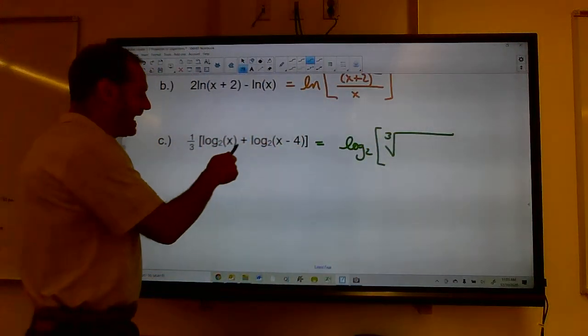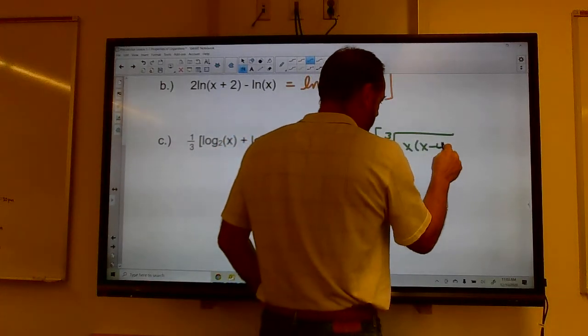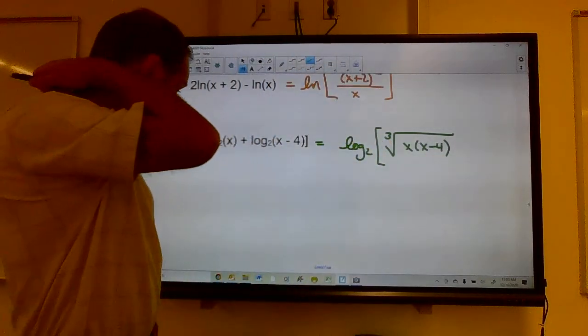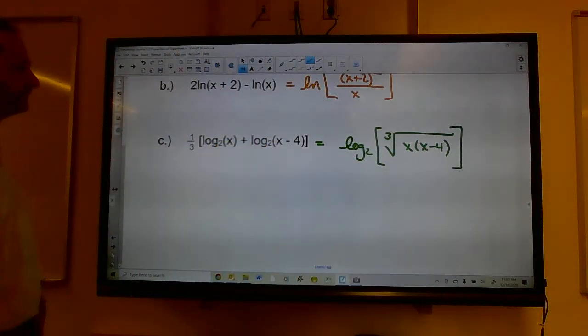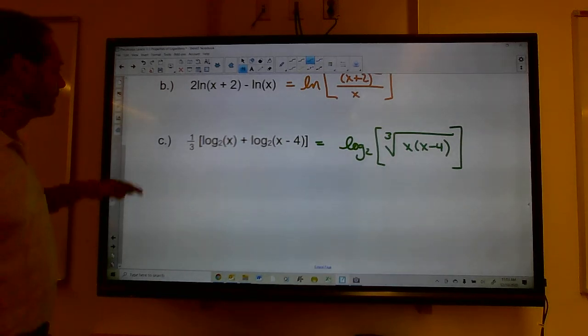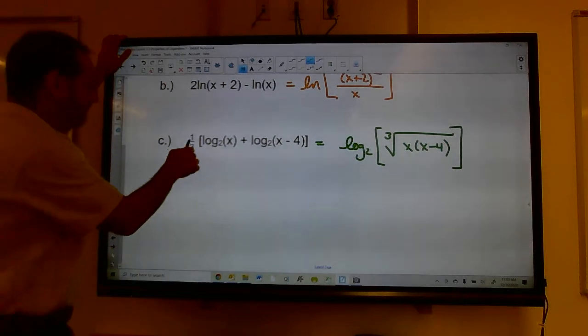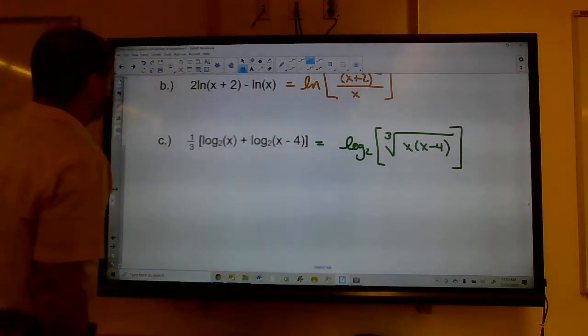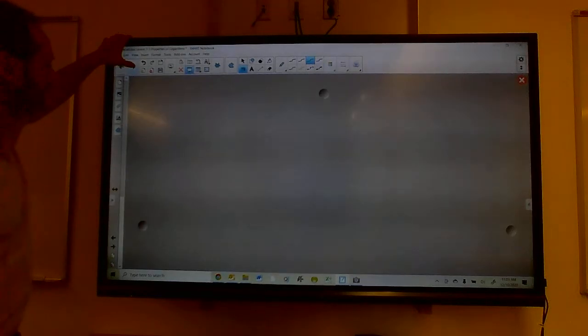And then it's going to be x times x minus 4. Just like that. Okay. You got to make sure everything's under the cube root because it's 1/3 and it's all of that stuff that it's 1/3 of.